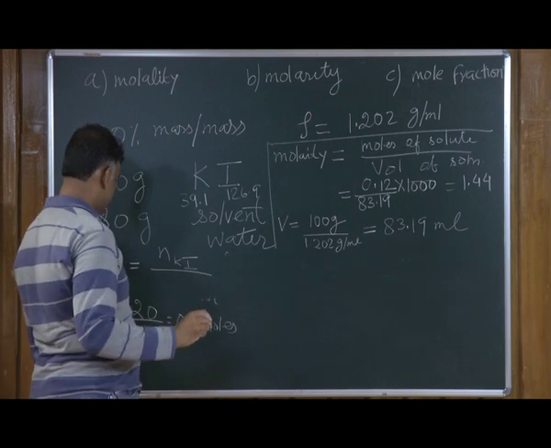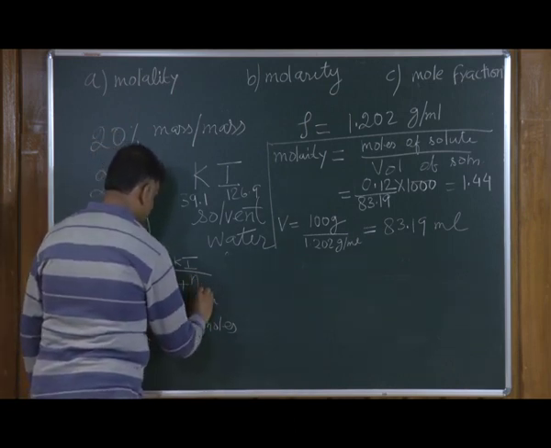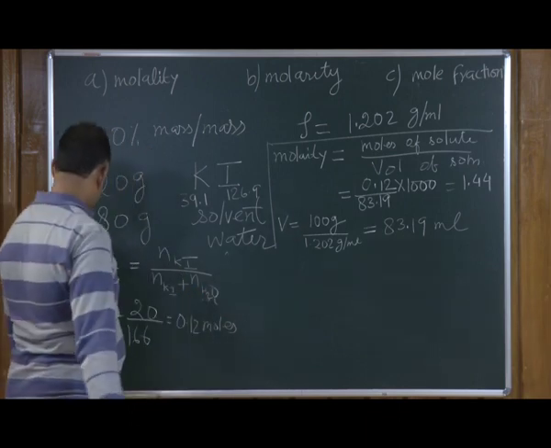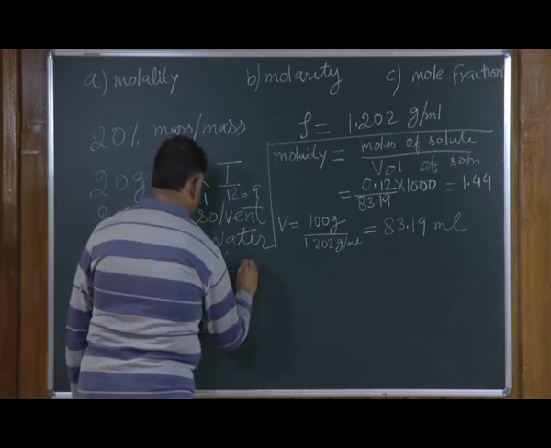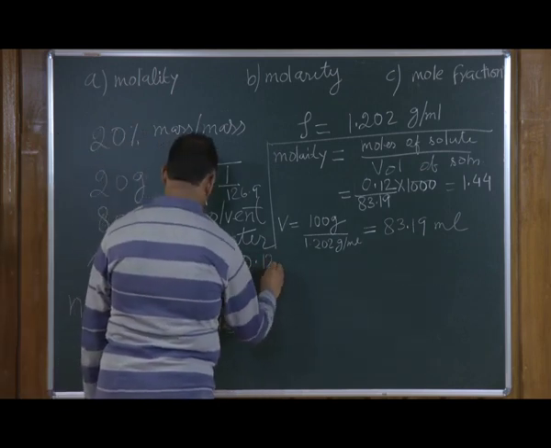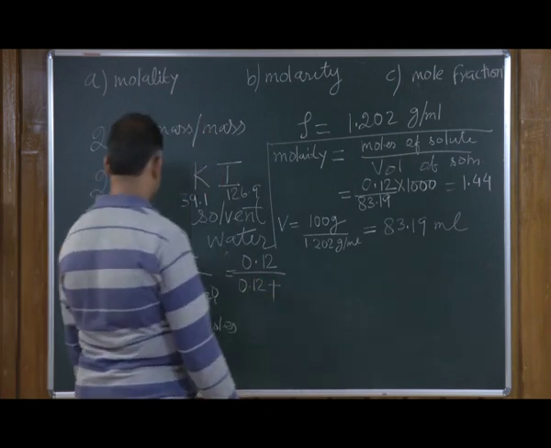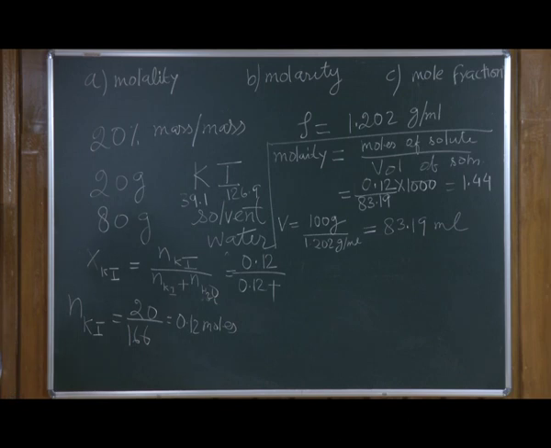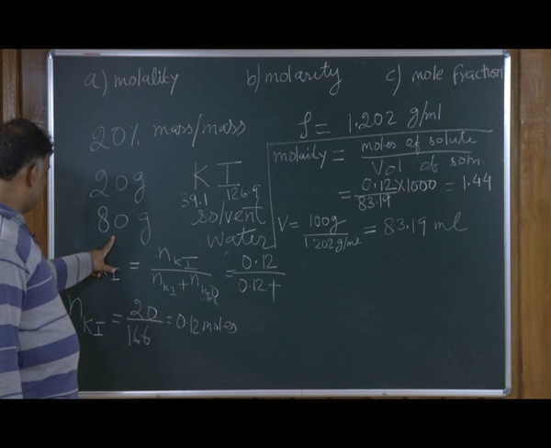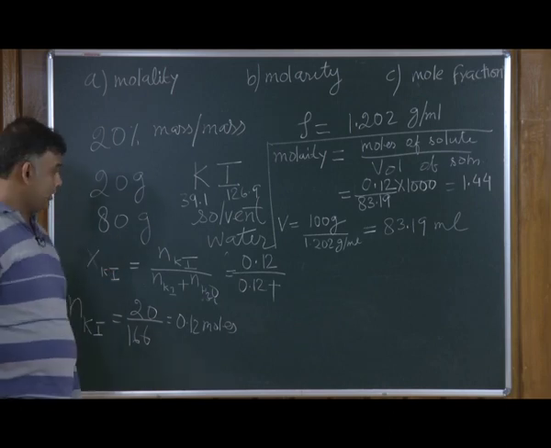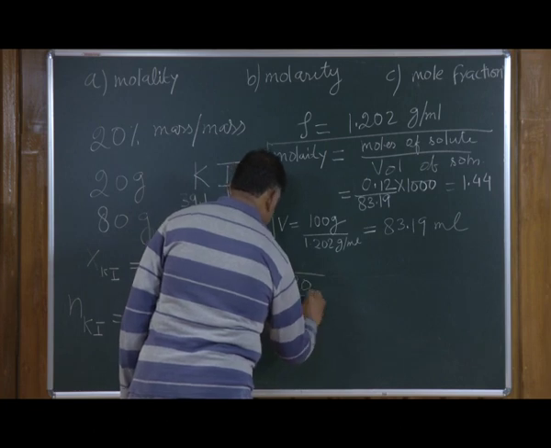This is a binary solution, so that means moles of KI plus moles of water. Moles of KI is already known, it is 0.12, plus moles of water. To calculate the moles of water, we already know the weight of water and the molecular weight of water, so the moles of water is simply going to be 80 divided by 18.